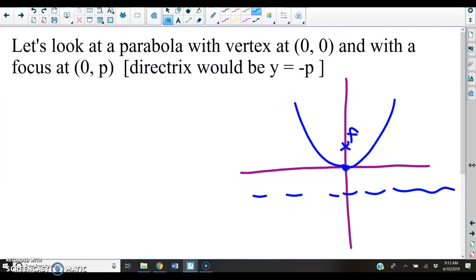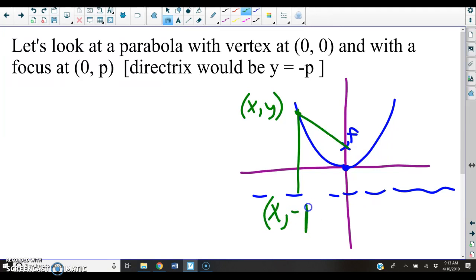Well, we know a couple things. There are a lot of points on the parabola. We're just going to find some generic point (x, y). Well, the distance here and the distance here are supposed to be the same. Now, I'm not an artist. They don't look the same. But this point would be (x, -p). This point is (0, p). Okay, and these two distances are the same.